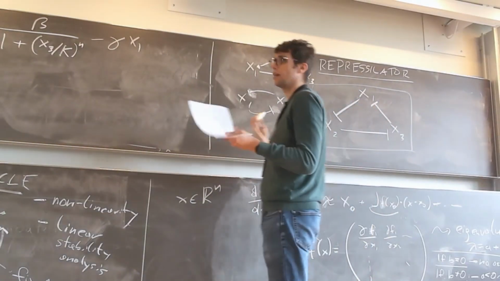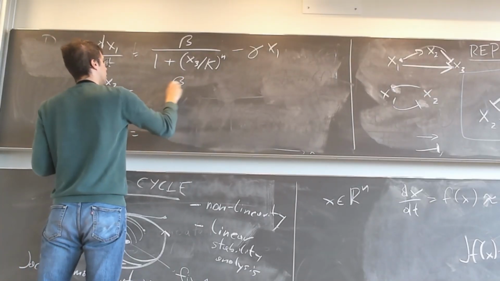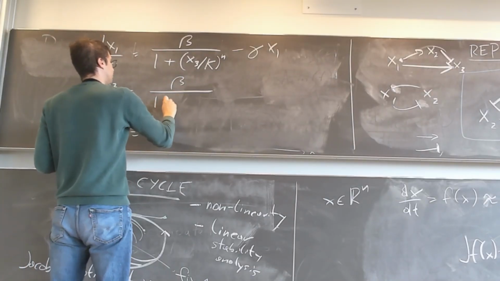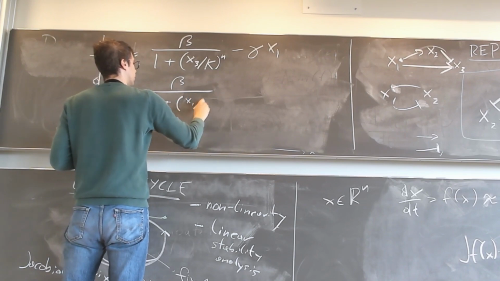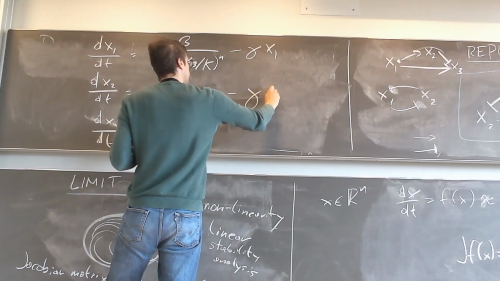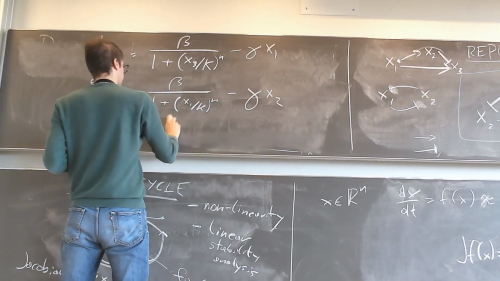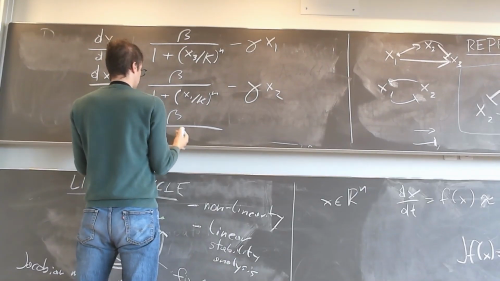If x3 is high, then x1 should get low. And this is symmetric. So x2 is regulated by x1, and x3 is regulated by x2.